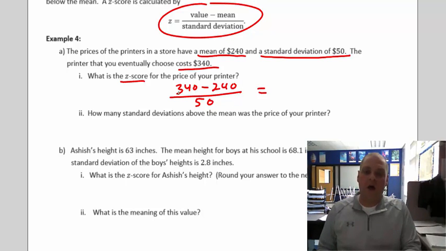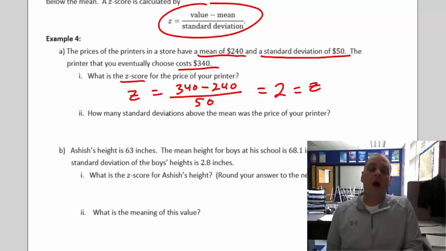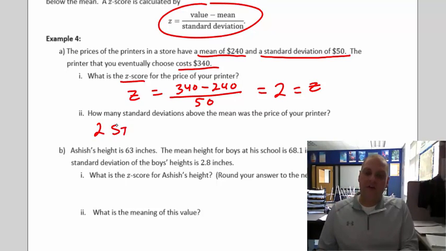That comes out to be 100, well, you can do it in your head, 100 divided by 50, which is 2, right? So our Z equals 2. So how many standard deviations above the mean was your printer? Well, that's exactly what a Z-score is. 2 standard deviations, I'm just abbreviating, above the mean.